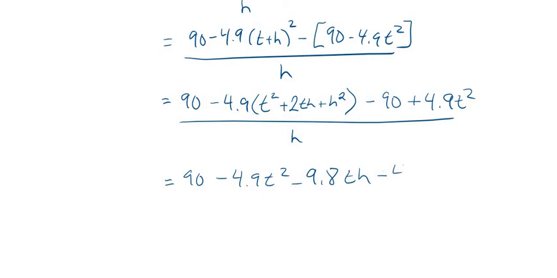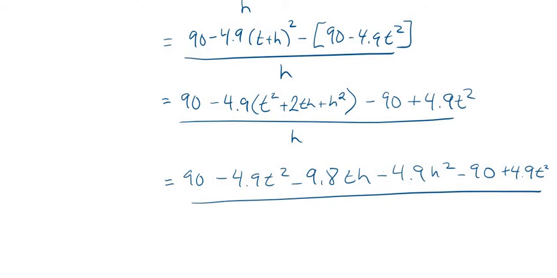Then we have minus 4.9 h squared minus 90 plus 4.9 t squared all over h. Okay, this looks a little easier to work with. We have some stuff that we can do here. So let's start by collecting our like terms. So we notice that we have 90 and minus 90, so they're going to cancel. And we have 4.9 t squared and minus 4.9 t squared, so they cancel.